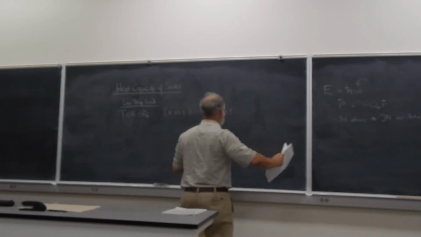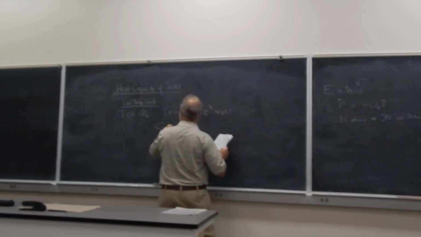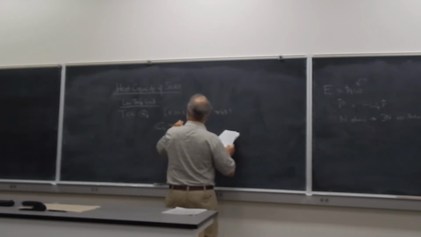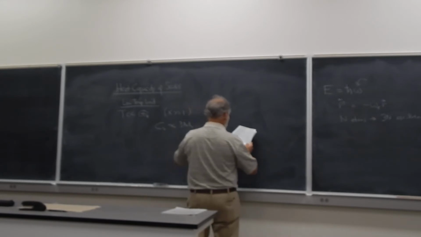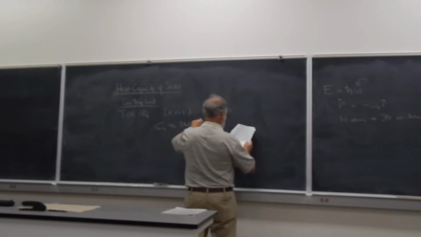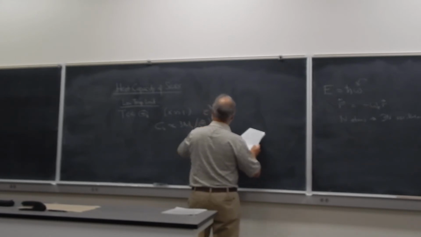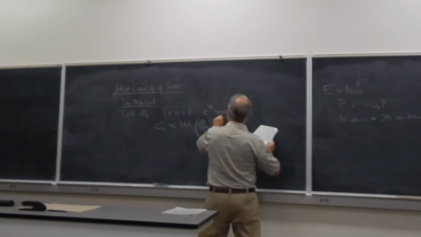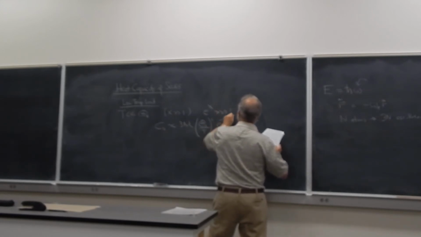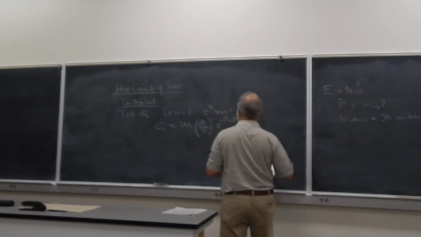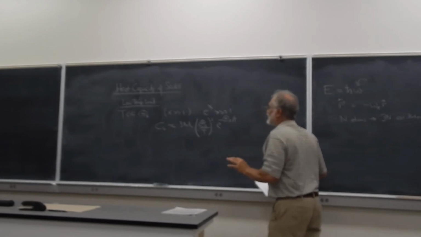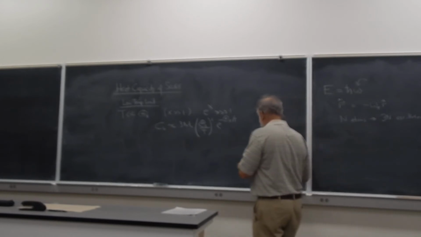If I look at the expression, CV then is approximately equal to 3Nk theta e over T squared times e to the minus theta e over T. So this is T much, much less than the Einstein temperature.